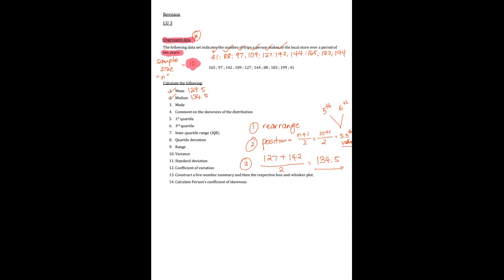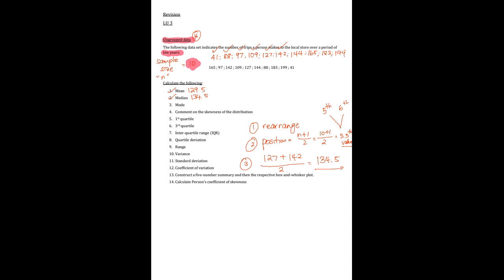Then you have your mode. Now, your mode is the most frequently occurring value in a data set. And if you look at this data set, there's actually no number that's repeated. So if you find that there are no numbers that are repeated in a data set, then all you have to do is simply state that there is no mode.